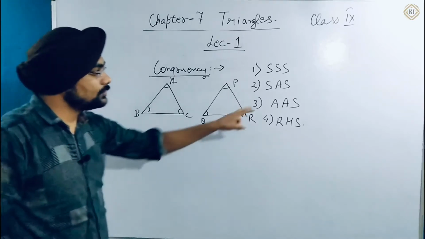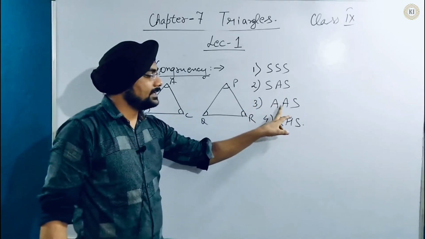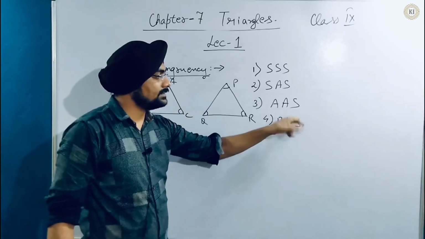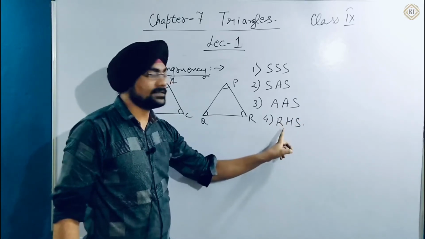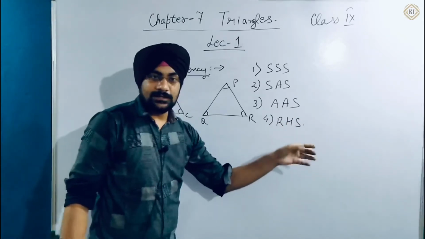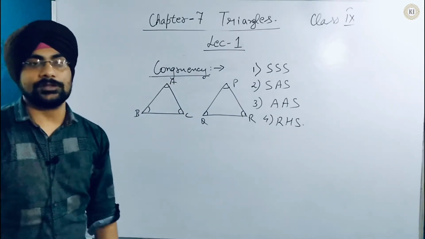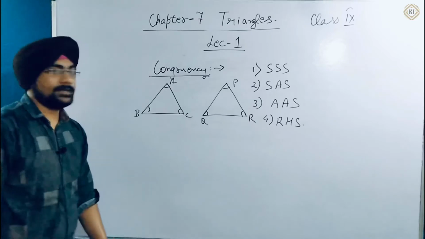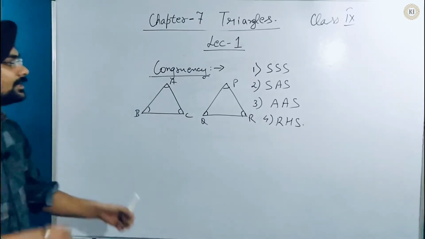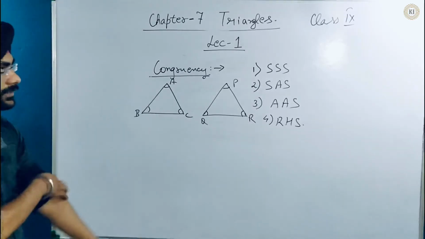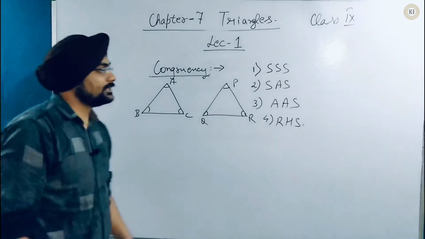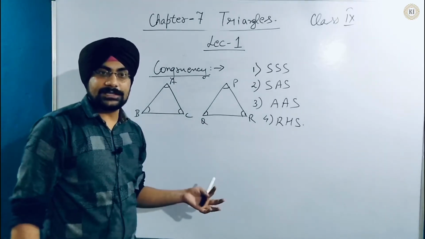SAS means two sides and one angle. AAS means two angles and one side. RHS means right angle, hypotenuse, side. This will come in the case of 90 degree. It means the hypotenuse, opposite the right angle, will always be equal. So these are the four criteria. Based on these, we are able to prove the triangles as congruent.